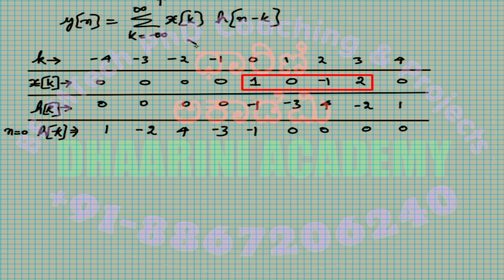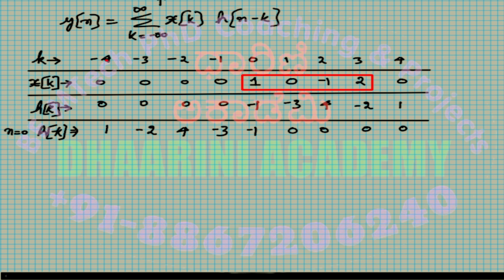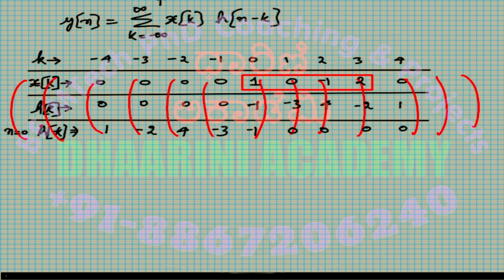Look at the multiplication. Now I'm going to multiply. I'll change the color so that I can highlight. h of x of minus 4 into h of minus 4. Sorry, x of minus 4 into this. x of this into this, x of this into this, and so on throughout from minus infinity to plus infinity.